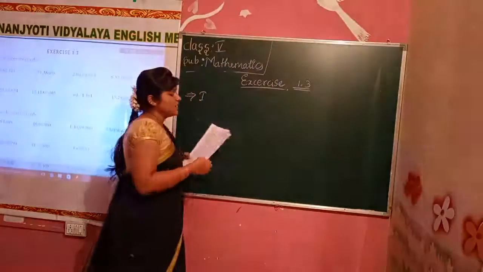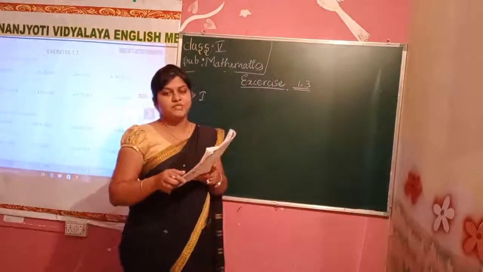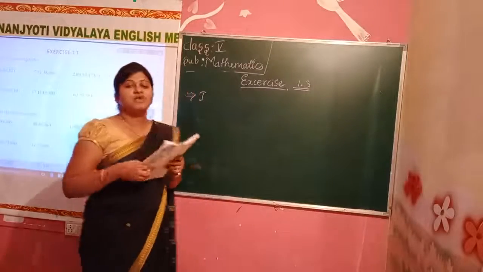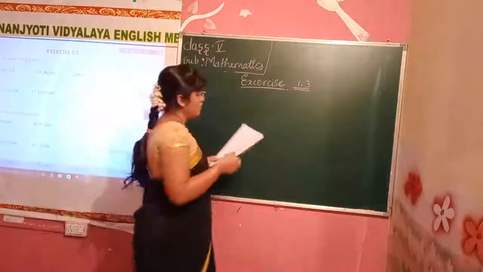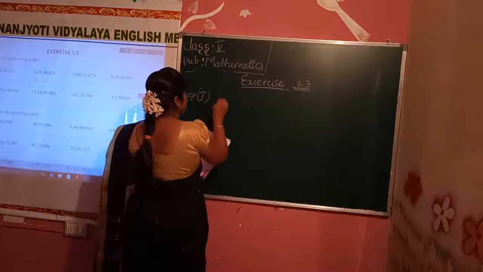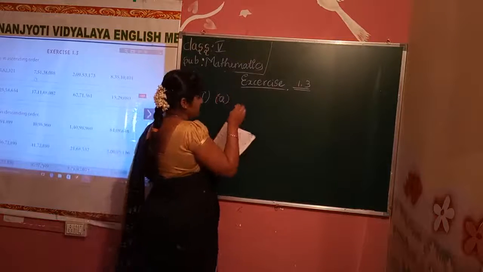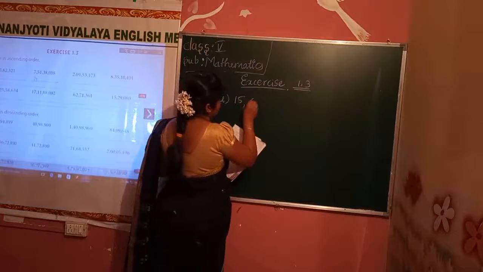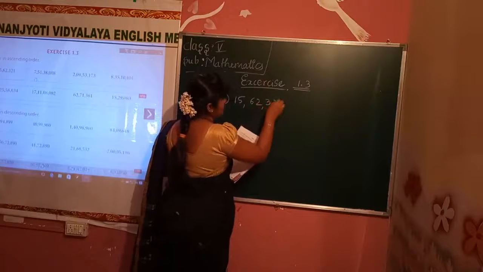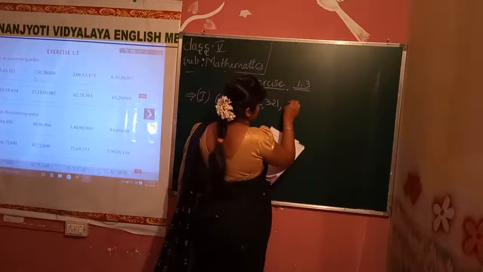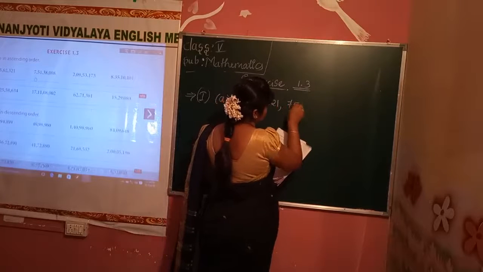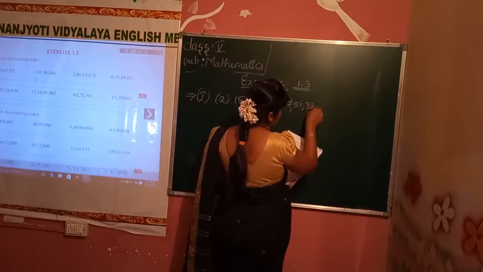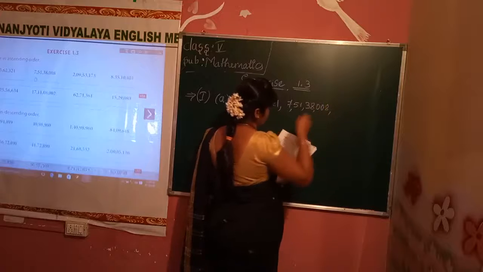First example, they have given 4 numbers. We have to arrange them in ascending order. First question number 1A. I will write the question also. 15,62,321. 7 crores 51,38,008.